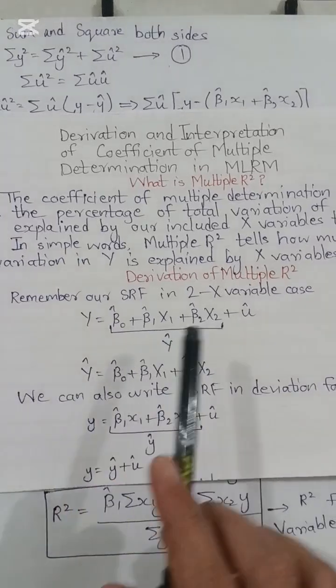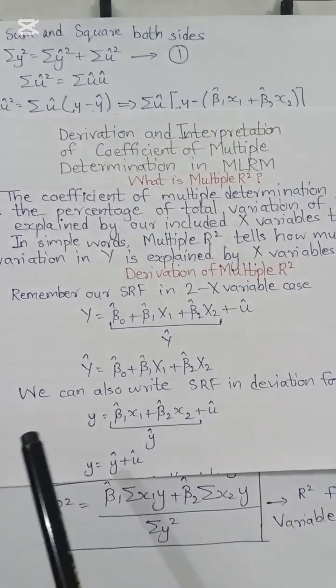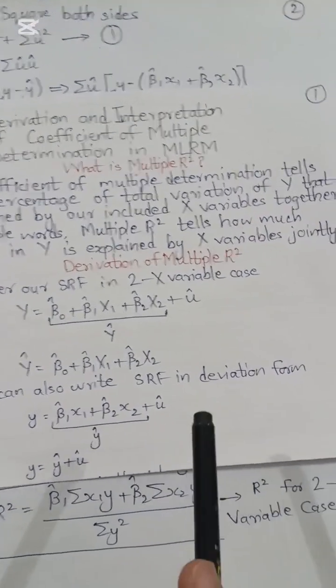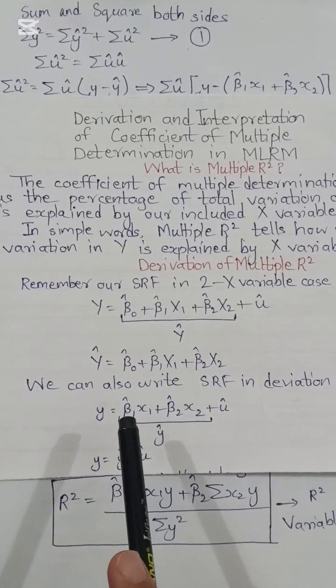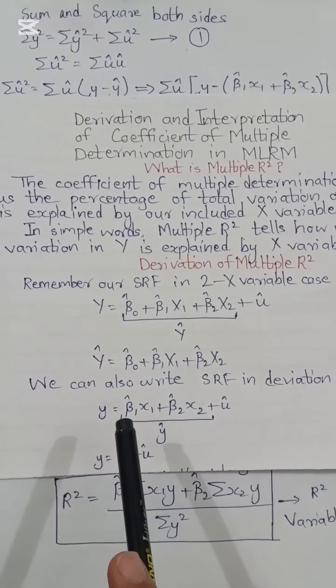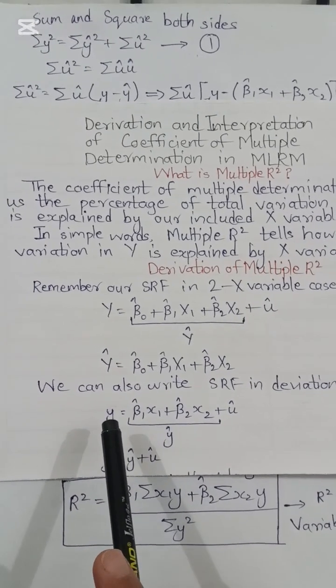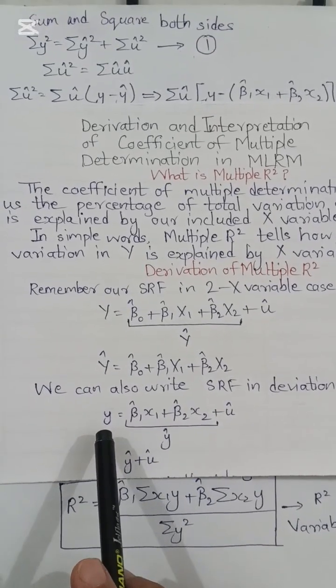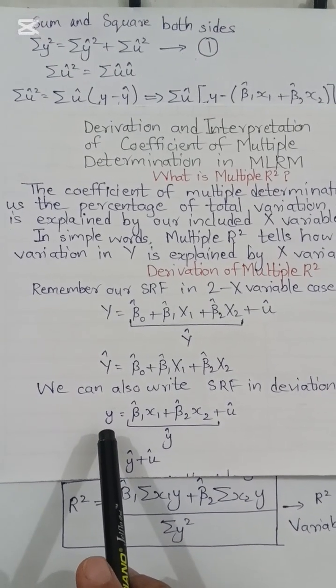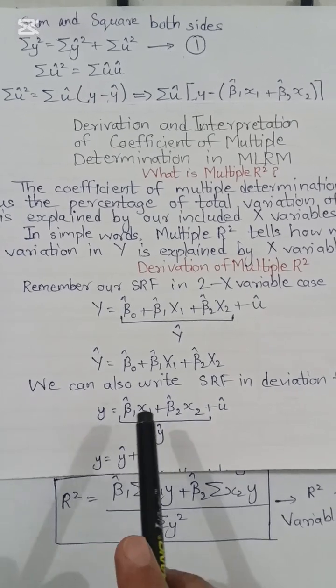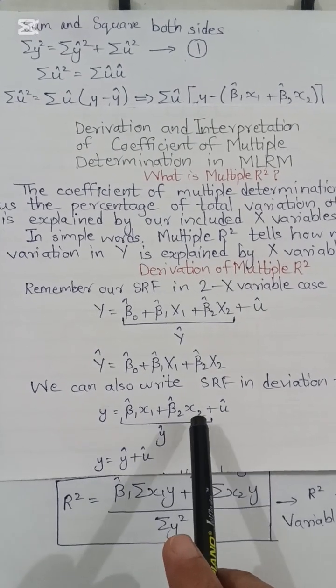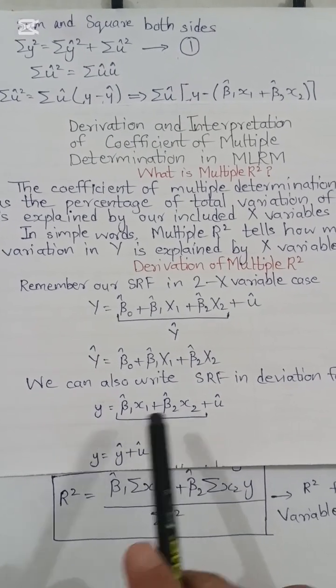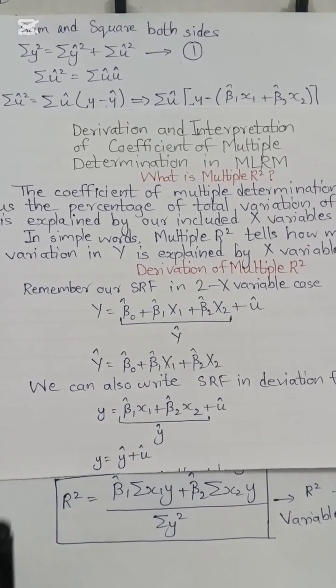We can write this sample regression function in the deviation form. Remember that the deviation forms of variables are represented by small letters. So small y is the deviated form of our dependent variable, and small x1 and small x2 are the deviated forms of the two independent variables.